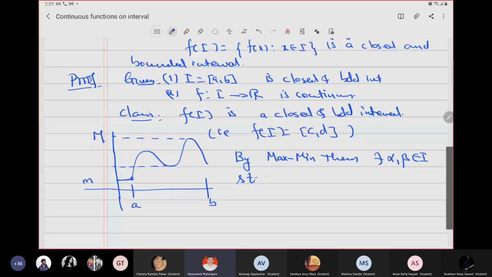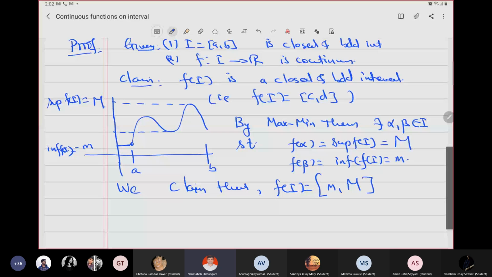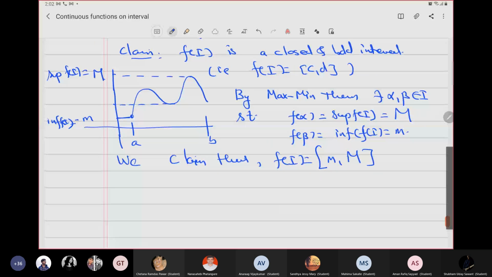See, what is the range now? The range cannot be larger than capital M or smaller than small m, right? And we claim that the range is exactly the interval small m to capital M, infimum to supremum. Correct? Do you agree?